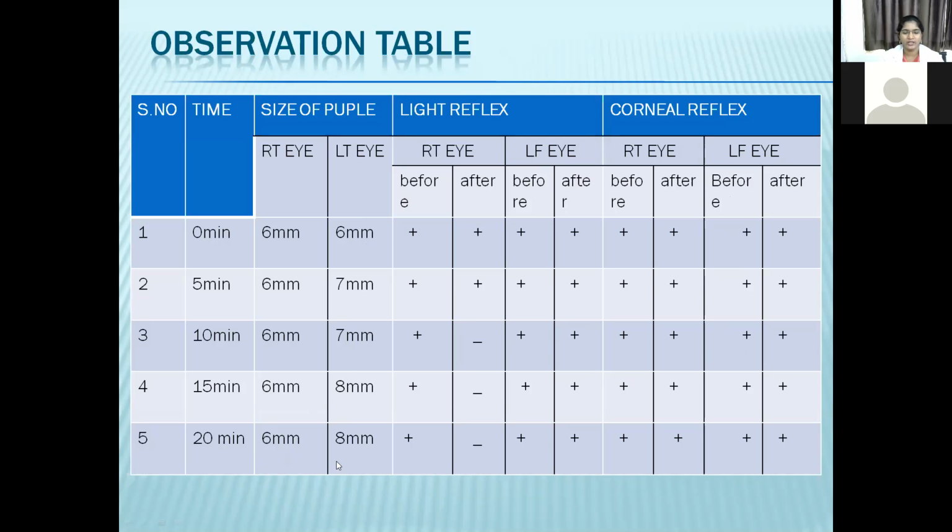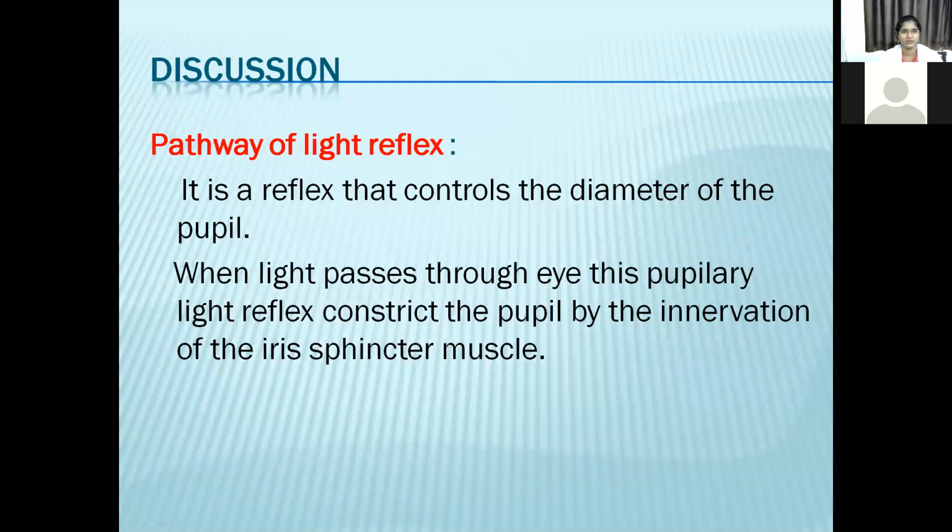Gradually, up to 20 minutes at 5 minute intervals, the diameter of the pupils will increase and the light reflex is absent in mydriasis. So you have to draw this observation table in your records. The discussion part also you can write in your records.